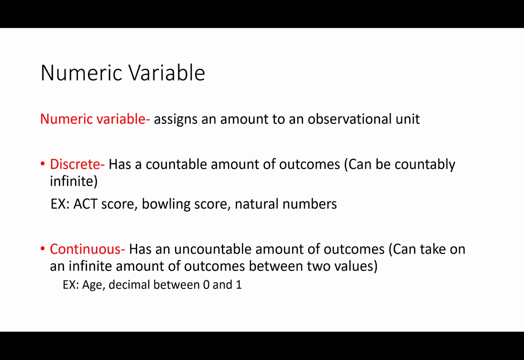So think of the decimals between 0 and 1. If you were to count all the decimals, what would be the first number you say? 0.000000000. You'll never get to the first decimal. You can't count these decimals. So this is the reason why the natural numbers are discrete and something like the decimals between 0 and 1 is continuous.